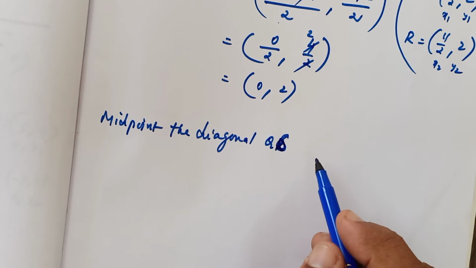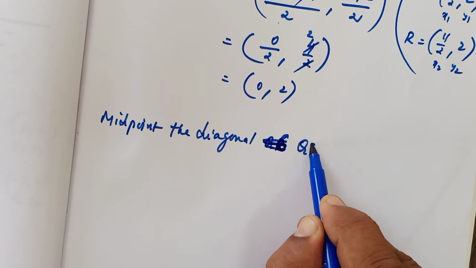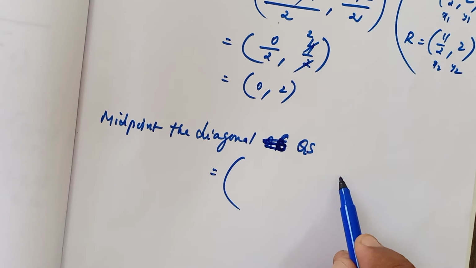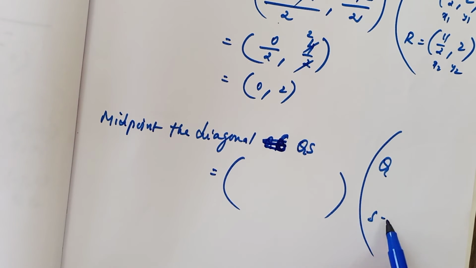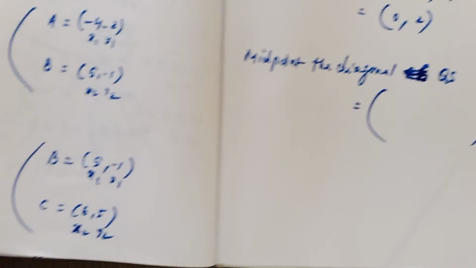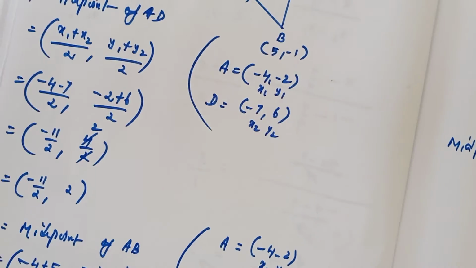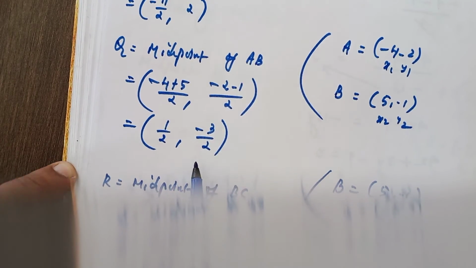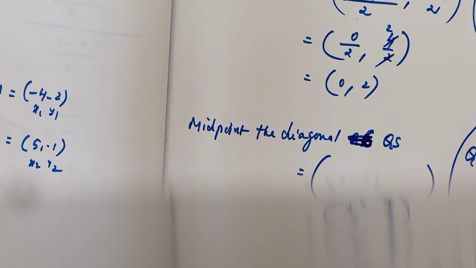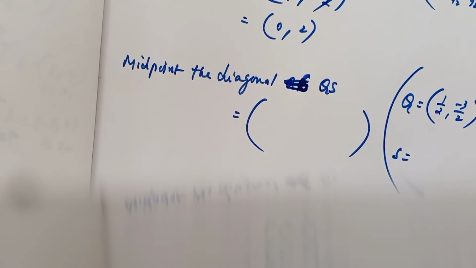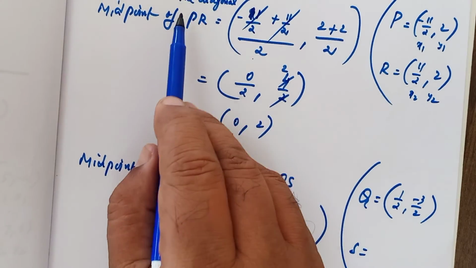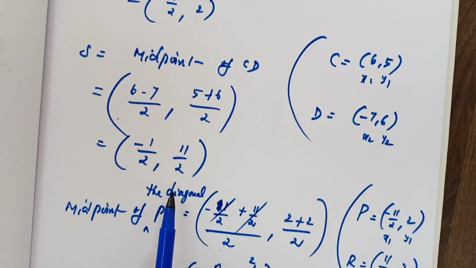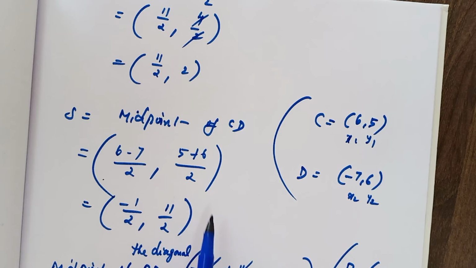I write the points Q and S here. Q here it is (1/2, -3/2). Next, S point. S is equal to (-1/2, 11/2).